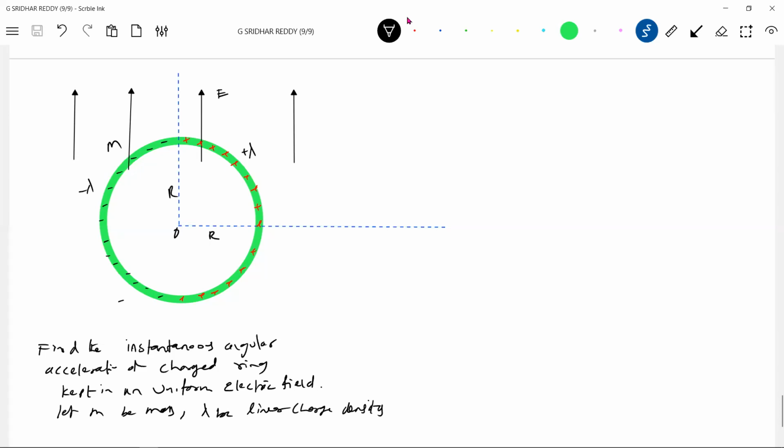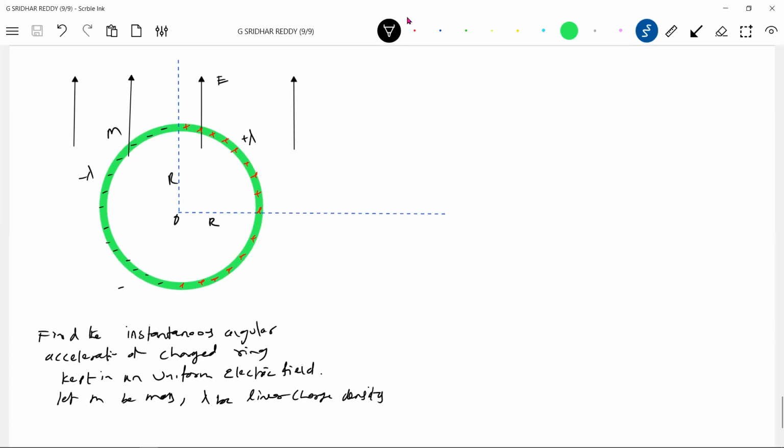Sir, is it 4 lambda E by M? 4 lambda E by M. Okay, nice. I just made a guess.